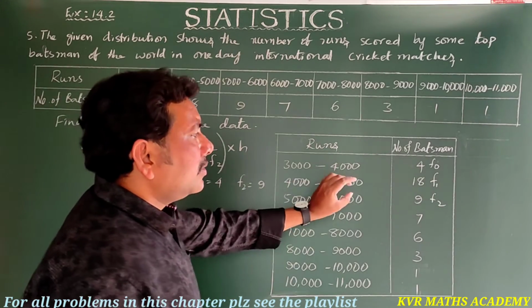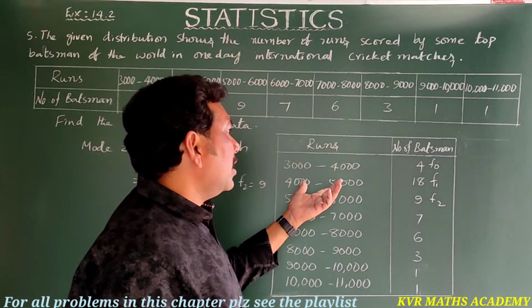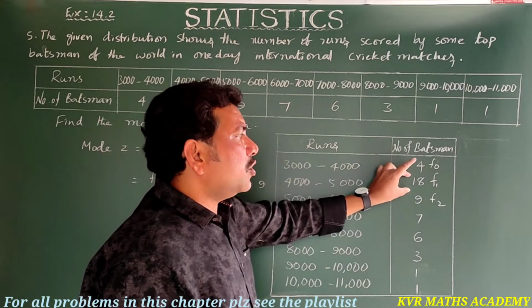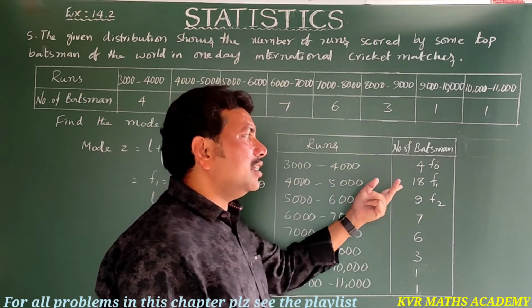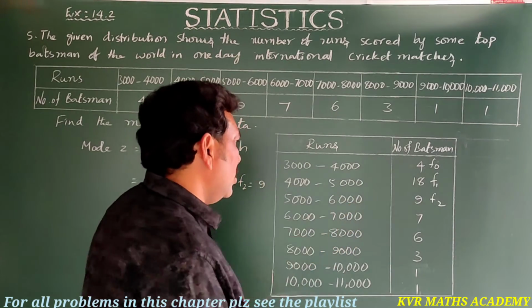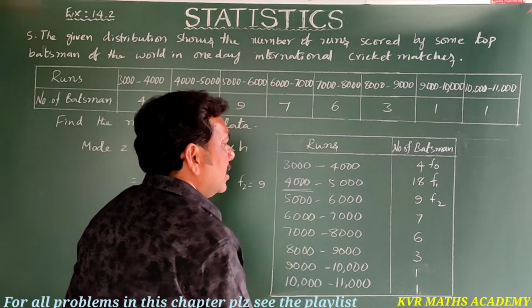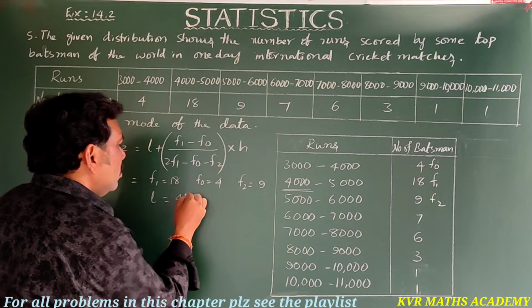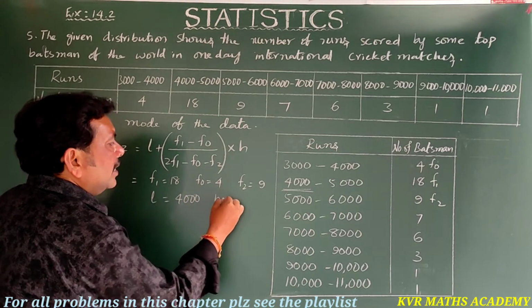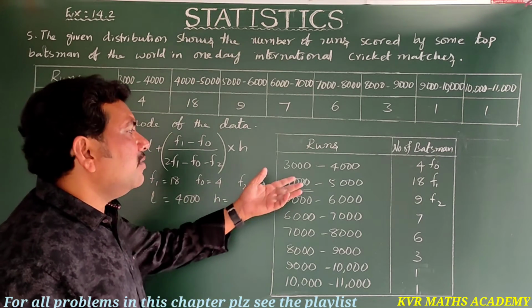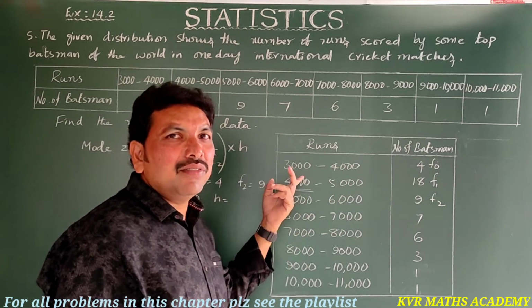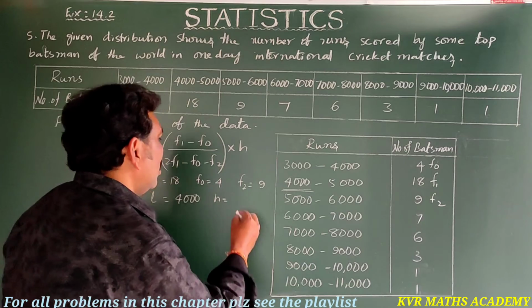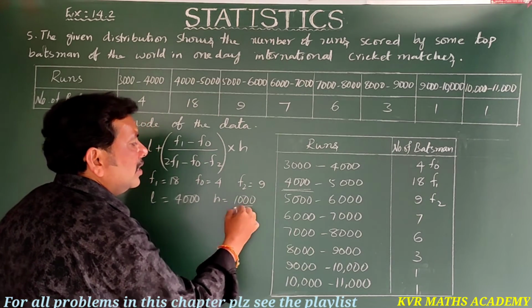L is the lower boundary of the class corresponding to the modal class. Yes, so L is equal to 4000. Next, H is the length of the class, the size of the class: 4000 minus 3000 is 1000. Yes, this is H.